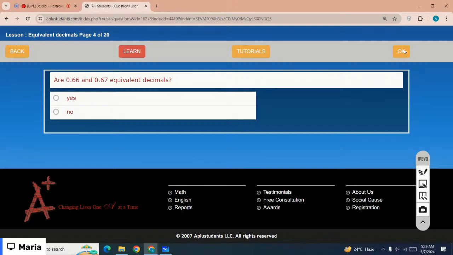The correct option is no, they are not equivalent. They have different digits, so they are not equivalent, right? The correct option is no.